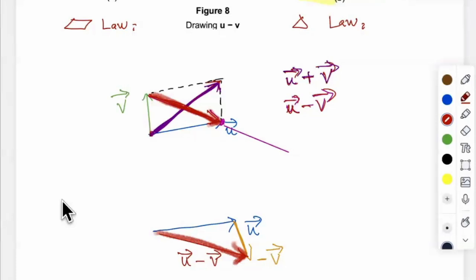I'm just asking, notation-wise, wouldn't it make more sense if it goes from the tail, and then here's the tip? Oh, you mean from the initial point of u to the ending point of the negative v?